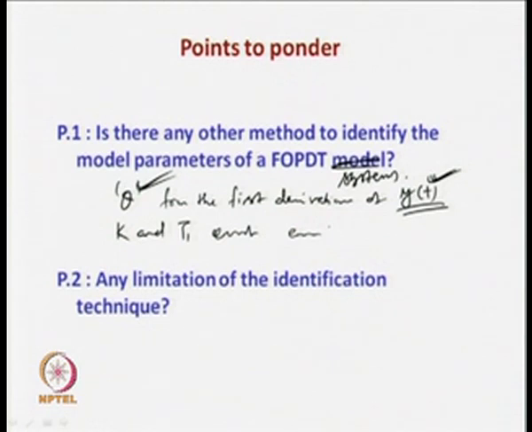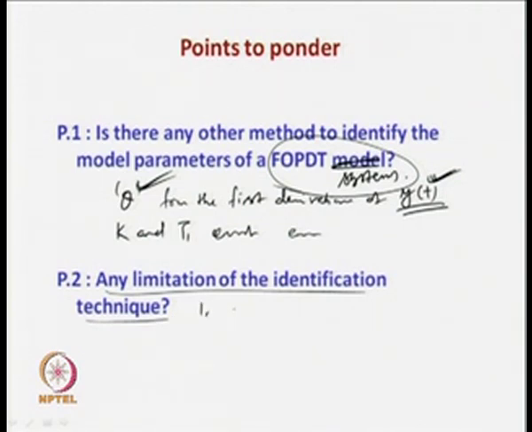So, there are other techniques also to identify the model parameters of first order plus dead time systems or higher order systems in terms of first order plus dead time transfer function models. The second point is any limitation of the identification technique. Certainly, the identification technique is subjected to mainly 2 limitations.